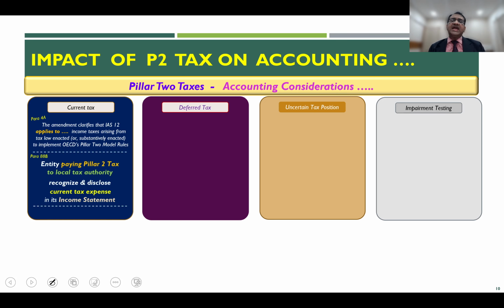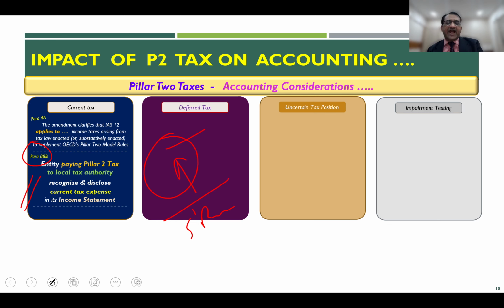Then again, a newly inserted paragraph 88B. This paragraph tells that an entity paying Pillar 2 tax to the local tax authority will recognize and disclose the current tax expense. So in the example which we saw, Singapore is triggering the payment, the top-up tax liability. But who is actually paying? It is the entities which are upstream.